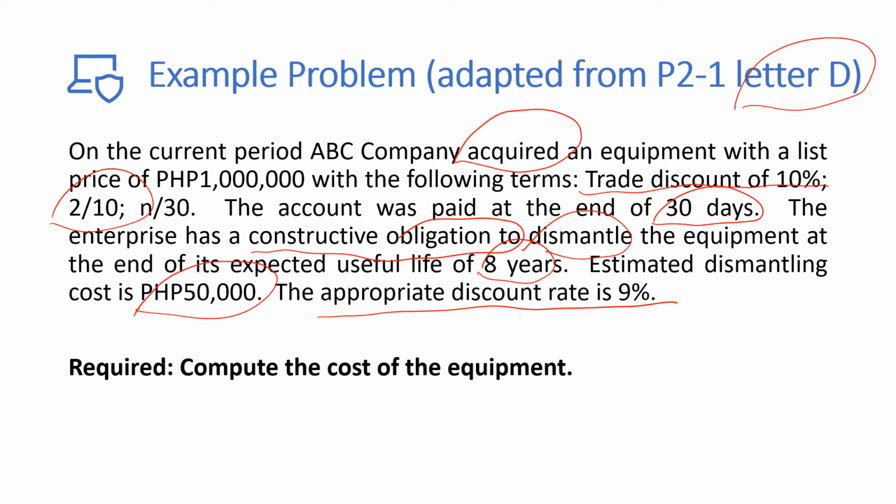So meaning if the ABC company, if you consider the risks and other factors involved with ABC company, so the ABC company can borrow funds for a 9% interest rate. So we're going to use the 9%. So compute the cost of the equipment. So let's solve the problem in the next slide.